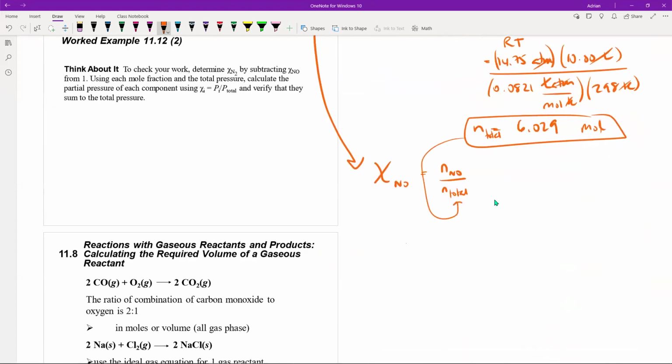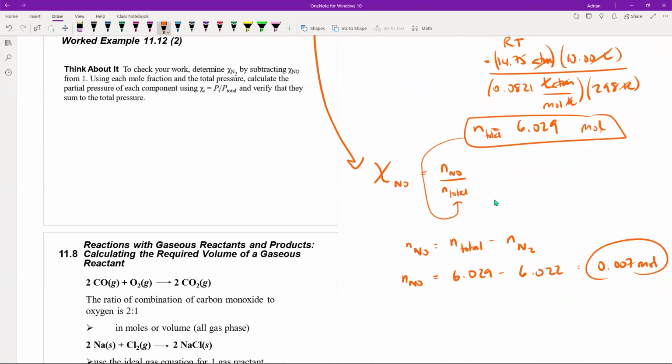So the number of moles of NO would be n total, the total number of moles, minus the number of moles of N2. So we have 6.029 minus 6.022. That would give 0.007 moles, the number of moles of NO.